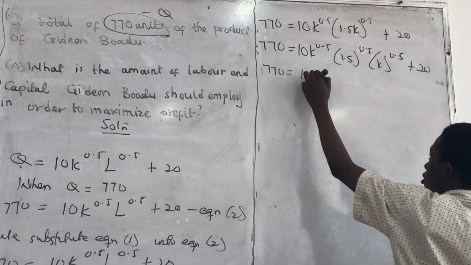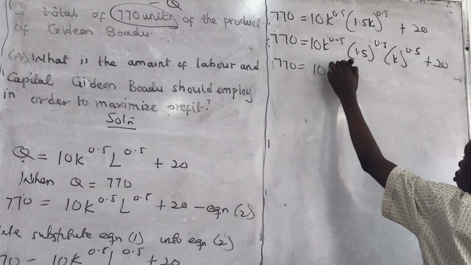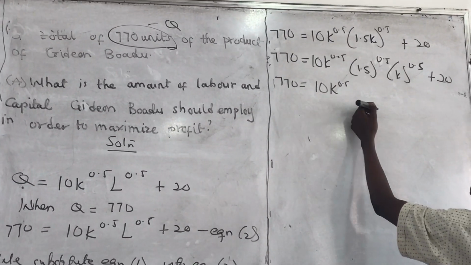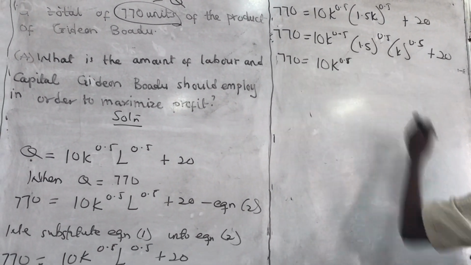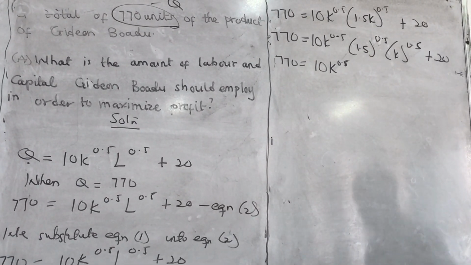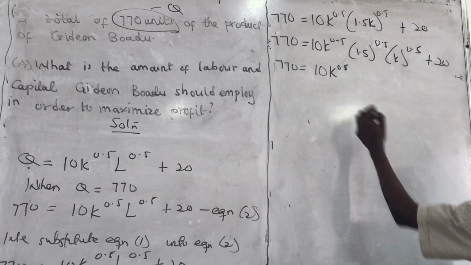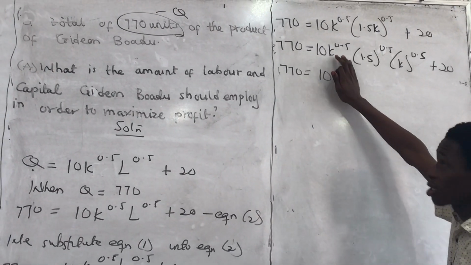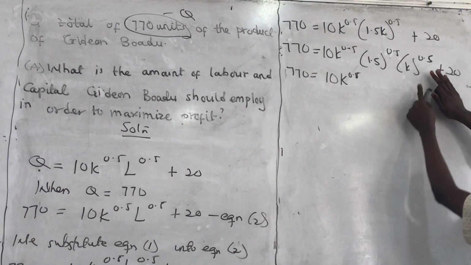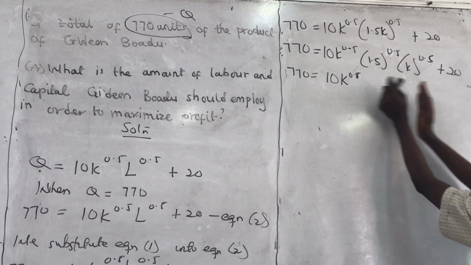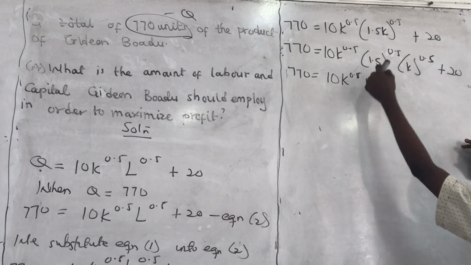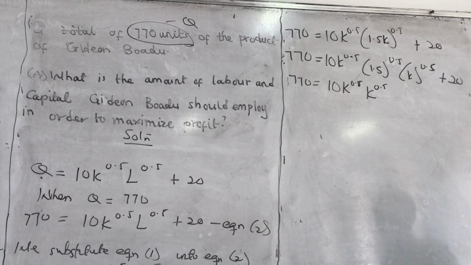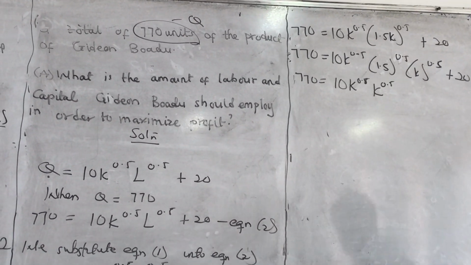So 770 equals 10 K^0.5 and so on. Now we have 10K exponent 0.5, and we also have K here exponent 0.5. So let's group all together. So we also have K^0.5. Now let's work this out on a calculator: 1.5 exponent 0.5.